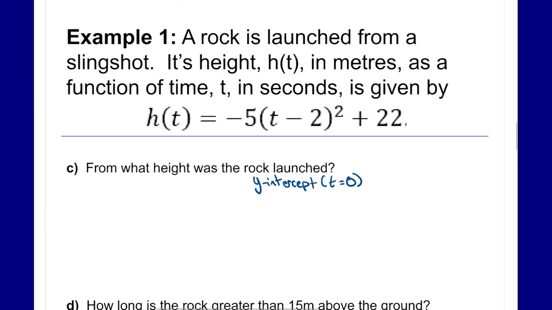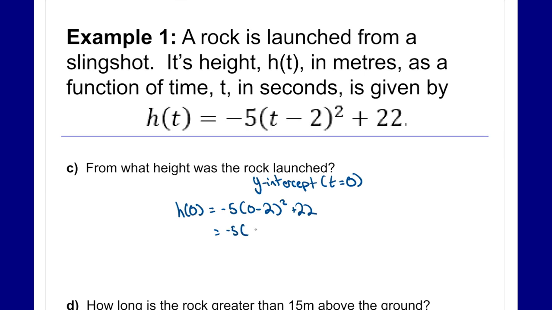So this is a little bit easier because we don't have to worry too much about rearranging or solving. We're just basically saying, what is the value of the function when t is 0? So we're going to replace t with 0 in our equation and go through and solve.